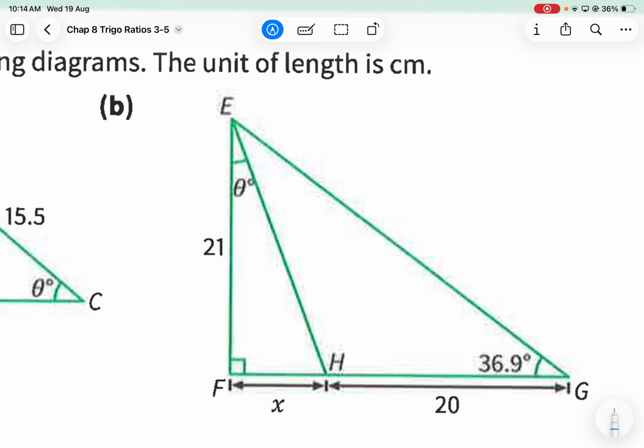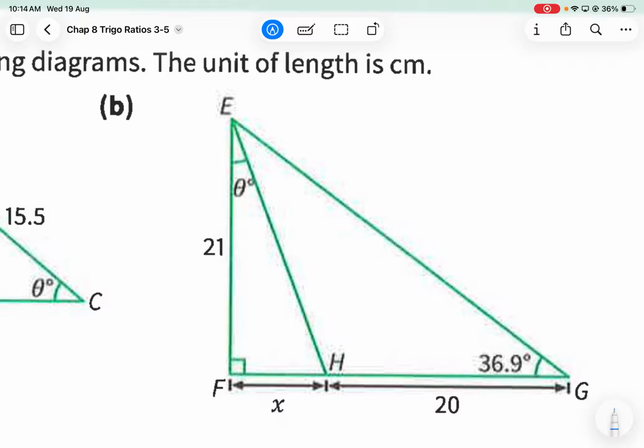So when I look at this diagram, if I go and look at theta, theta is inside the right angle triangle EFH. This small one. Inside this small right angle triangle, I only know 21.